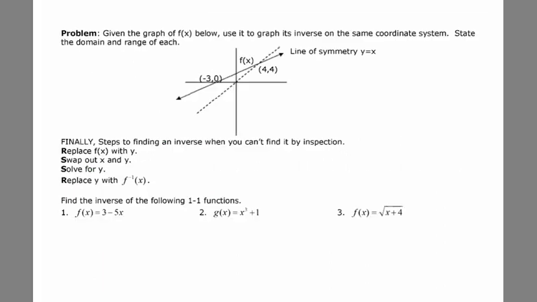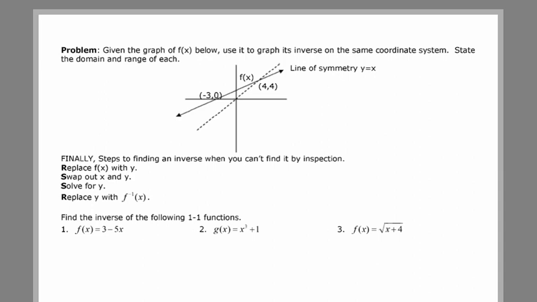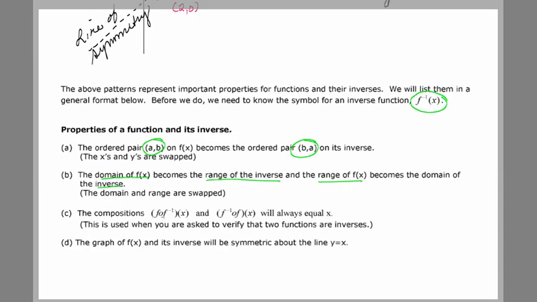We also saw these compositions. When we composed f and g circle f, we ended up with an x. Well, I'm just stating it here using the actual name, which is f minus 1 of x. Compositions will always equal x.